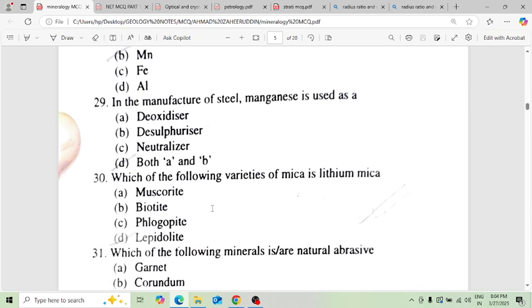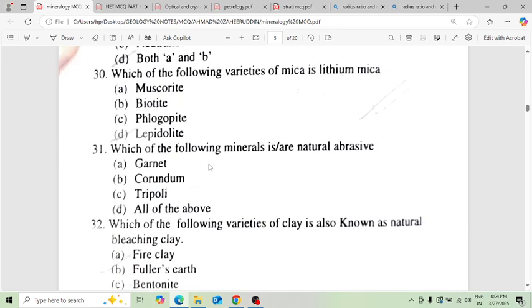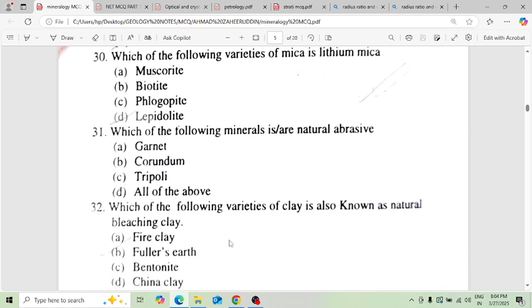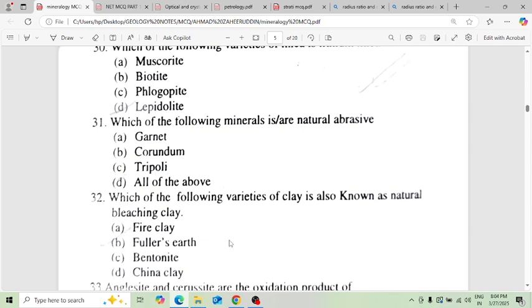Which of the following varieties of mica is lithium mica? Lepidolite, or zinnwaldite. Which of the following minerals is or are natural abrasives? Natural abrasives: garnet, corundum, tripoli, all of the above. Which of the following varieties of clay is also known as natural leaching clay?